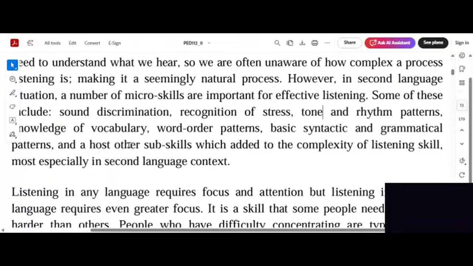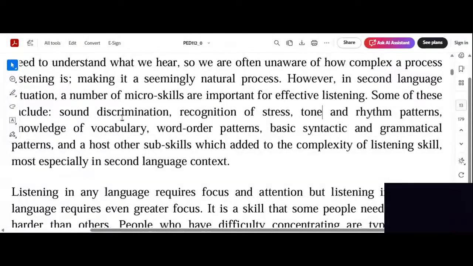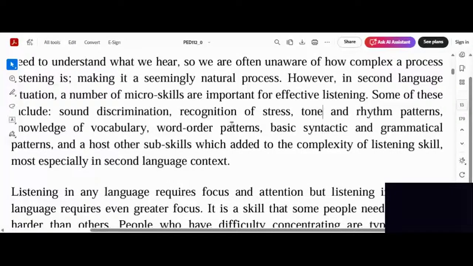And there are a host of sub skills which add to the complexity of listening skills, most especially in the second language context. All these things we are talking about, the tone, the rhythm, and other patterns, if it is your first language, your primary language, you don't have an issue. You naturally blend in your first language.